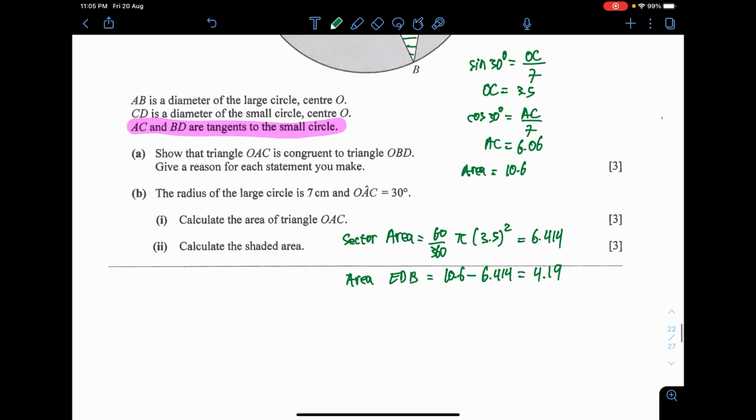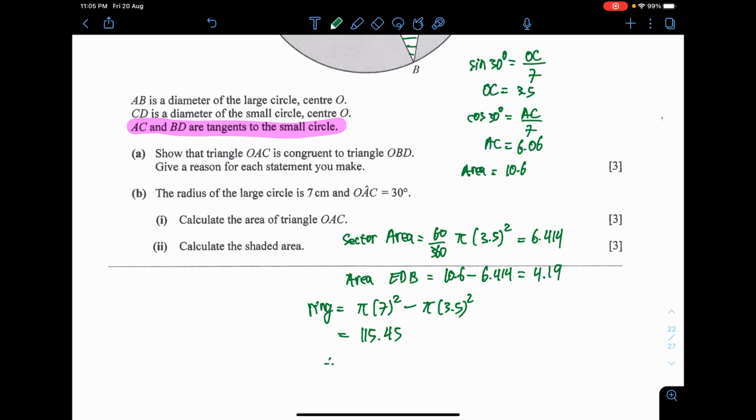Now I need to find the ring area. Big circle pi r squared minus small circle pi 3.5 squared. So pi times 49 minus pi times 3.5 squared, 115.45.